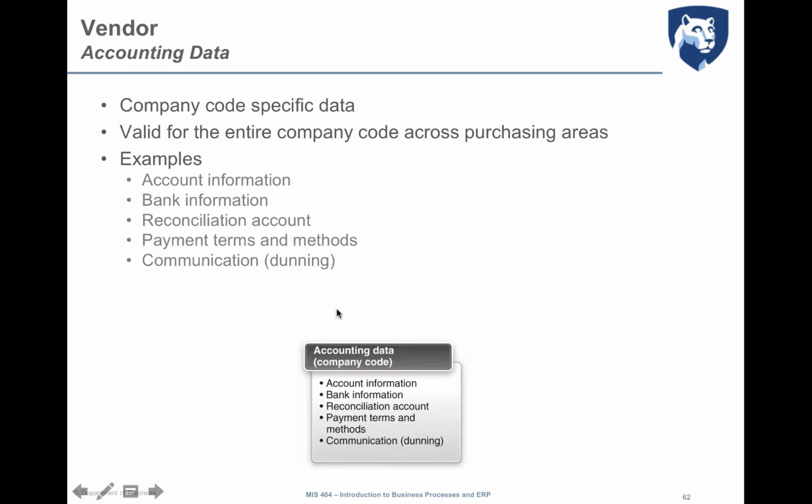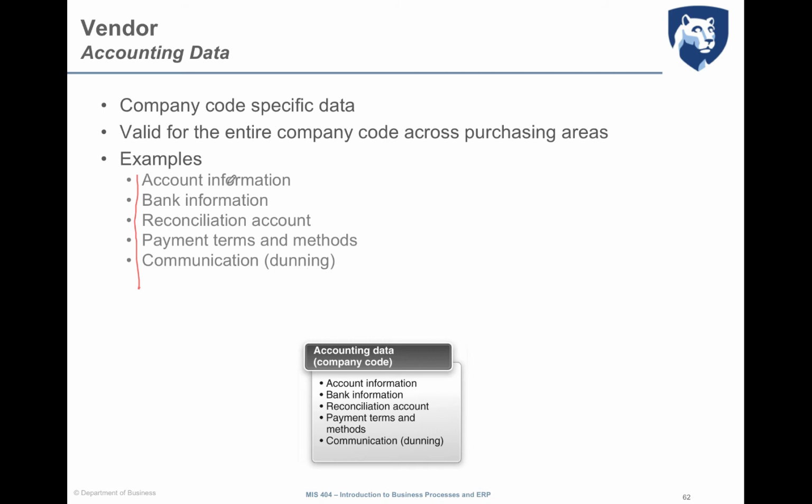The accounting data instead include all the data that are vendor related, but which are relevant to execute accounting activities. In particular, we have account information, bank information, reconciliation account, payment terms and method, and type of communication with the supplier.